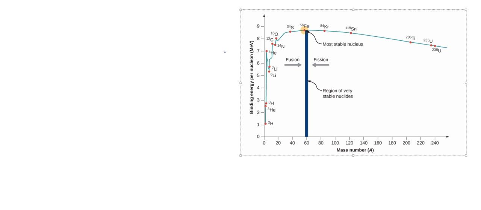and then we can take a look at their relative stabilities. So over here we have a graph of the binding energy per nucleon in mega electron volts versus the mass number. As the atoms get larger and larger, we see that there's this optimal binding energy, and the most stable nucleus is going to be the iron-56 nucleus right here.